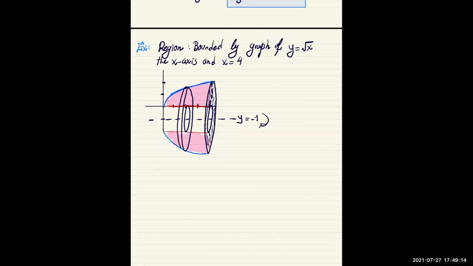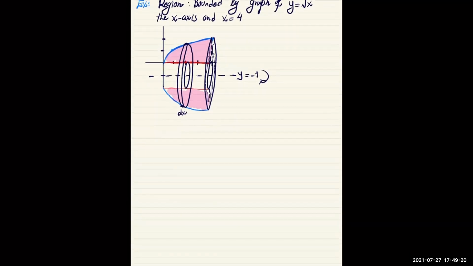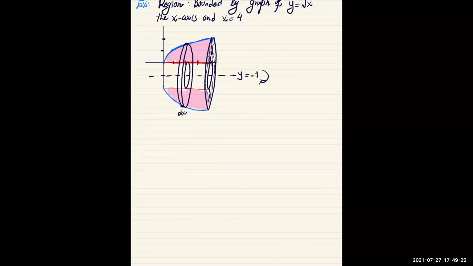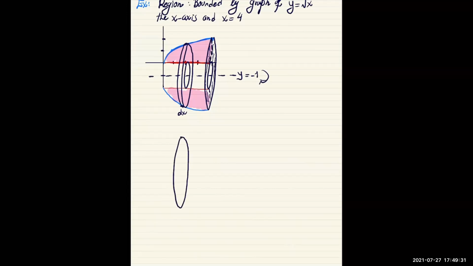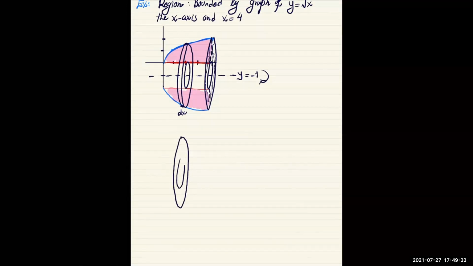That thickness, just like before, is dx. So the thickness didn't change, just dx. All right, now let me draw that washer out here so that we can find its volume.